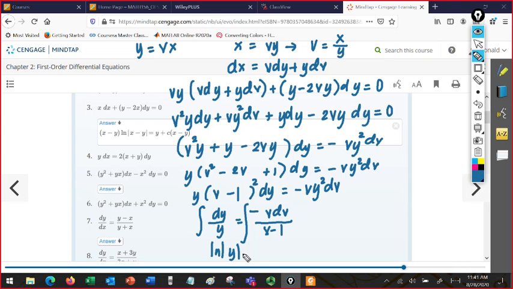Here, you need to do long division pa. No, yung sa v divided by v minus 1. So, 1, v minus 1, then the difference is 1. So, ang equivalent nito is negative integral of 1 plus 1 all over v minus 1.